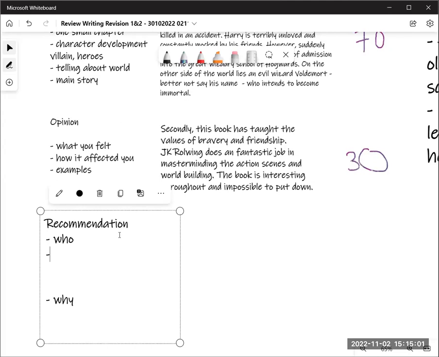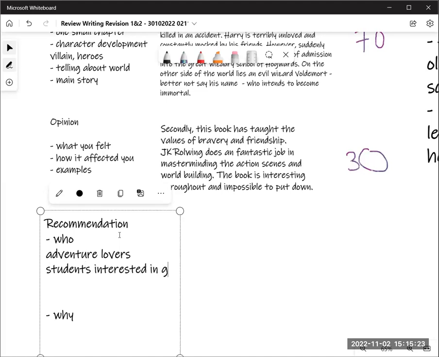So we'll say everyone, let's say, we can say adventure lovers. Okay, we can write those who like magic, or students interested in great tales, magic.